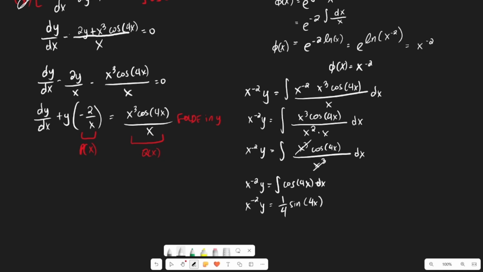So that's one shortcut that we can use, plus c.